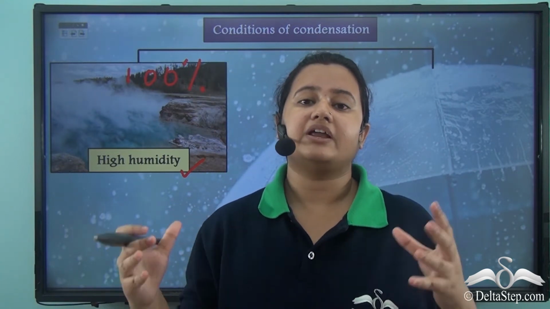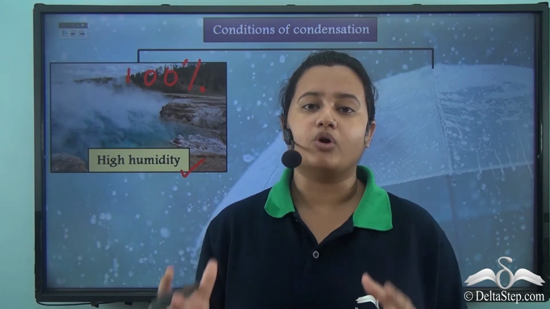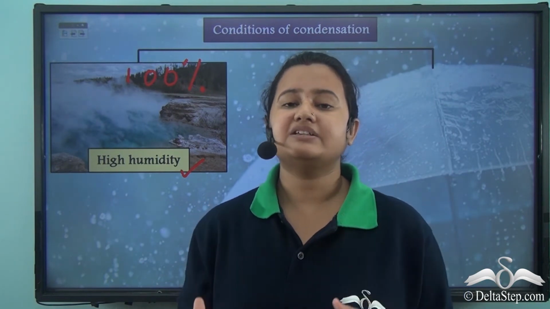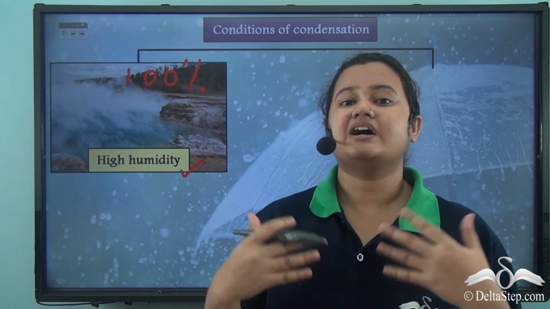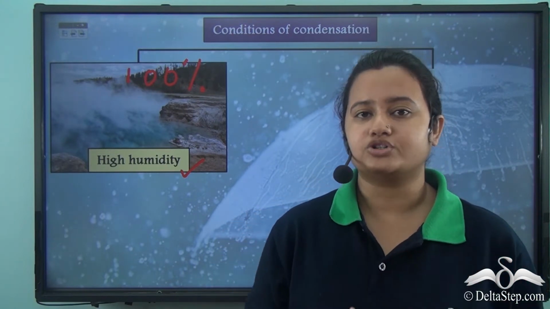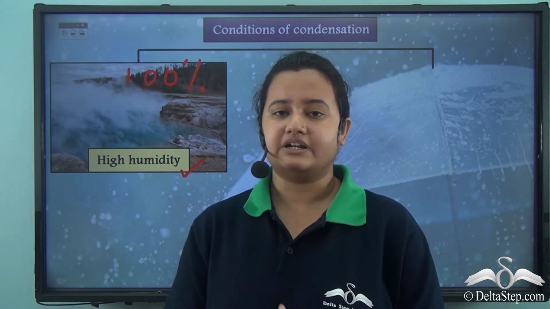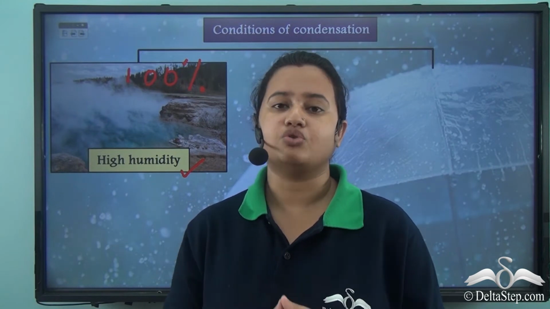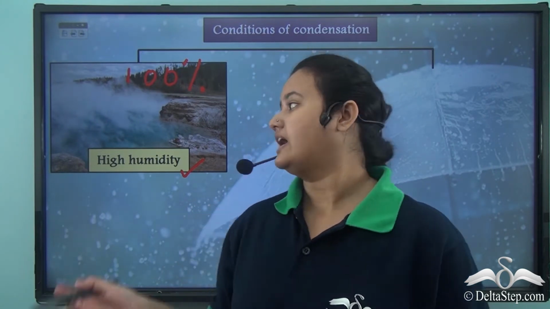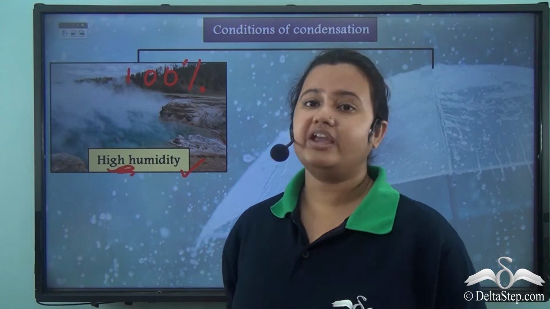So, air cannot hold any more water vapor, and this water vapor then starts forming tiny water droplets. So, the first condition for condensation to occur in nature is that humidity must be very high.